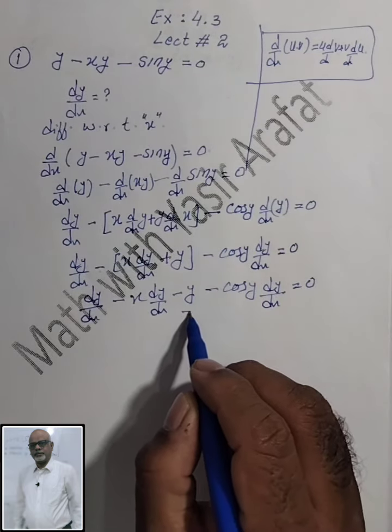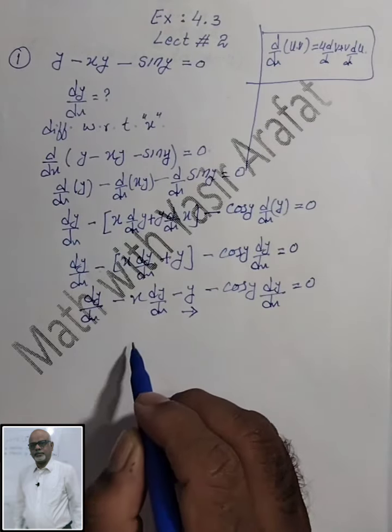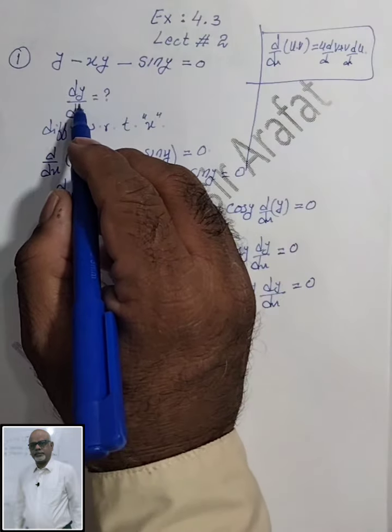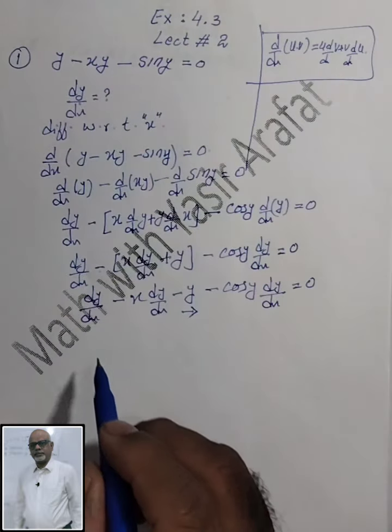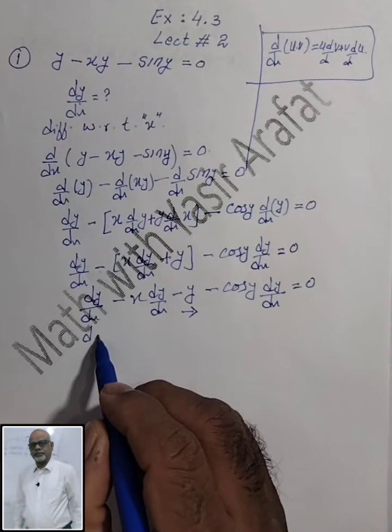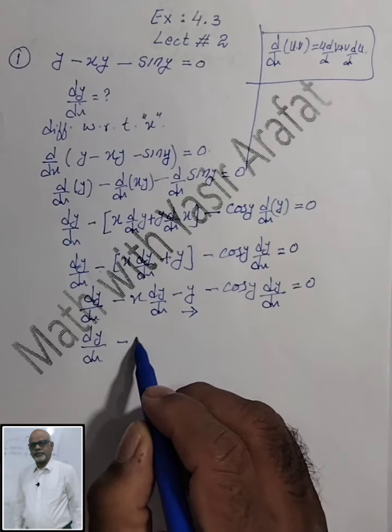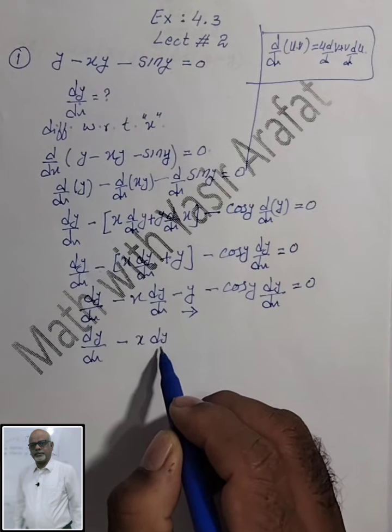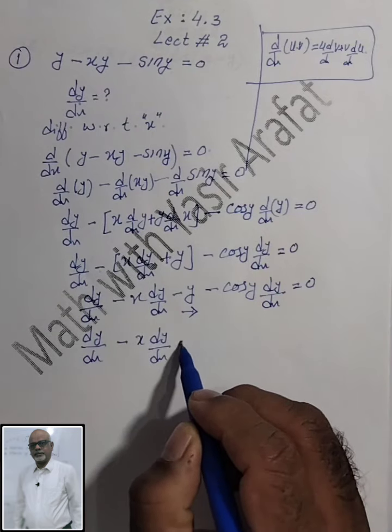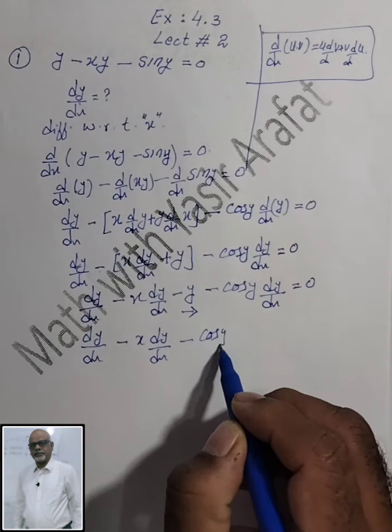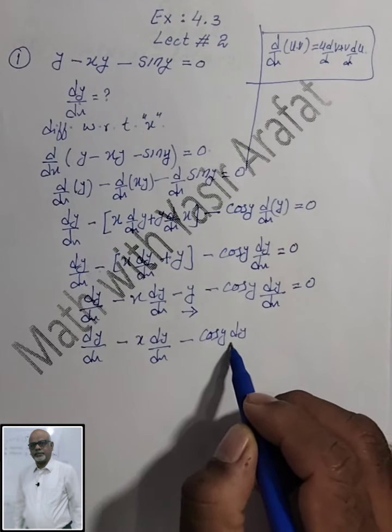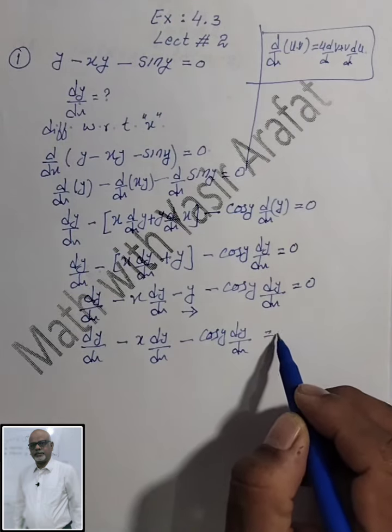So we have to shift this y to the right hand side because we have to find out the value of dy upon dx. Therefore this is dy over dx minus x dy over dx minus cos of y dy over dx, it is equal to y.